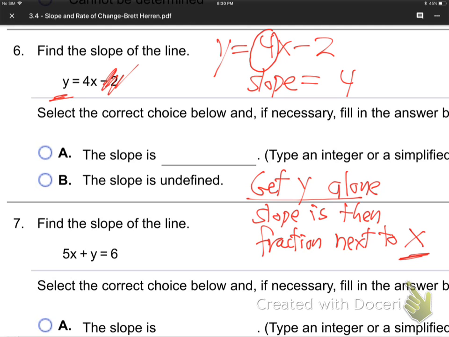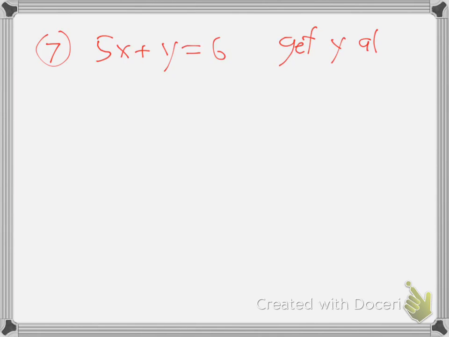So in this equation, number 7, the 5x plus y, I'll make that a little bigger. So 5x plus y is 6, is that what it was? Yeah. So get y alone. Slope is next to x. So if I get y alone, what do I do to get y alone here?